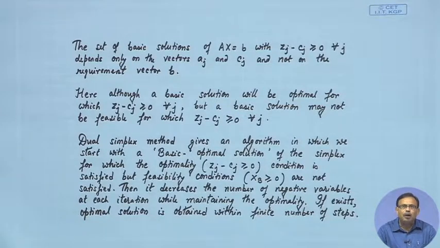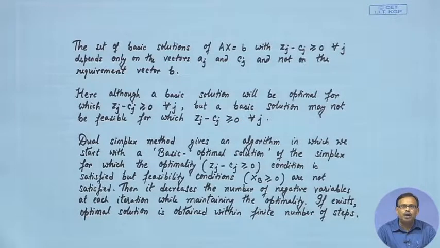but a basic solution may not be feasible for which Zj minus Cj is greater than equals 0. Basic solution may not be feasible means the condition x b greater than equals 0 may not be satisfied. For this reason we say that a basic solution may not be feasible, but Zj minus Cj may be greater than equals 0 for all j.